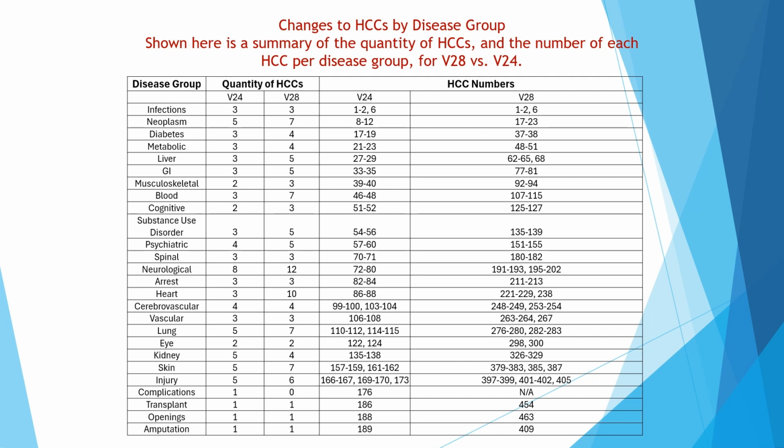Skin, quantity of HCCs for V24 is 5 while V28 is 7. HCC numbers for V24 is 157 to 159, 161 to 162, and V28 is 379 to 383, 385, 387.